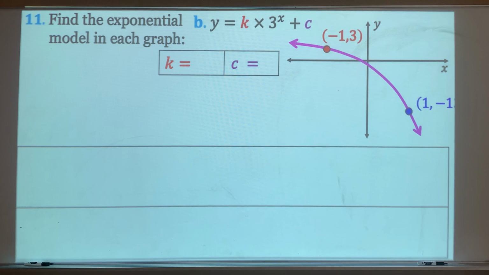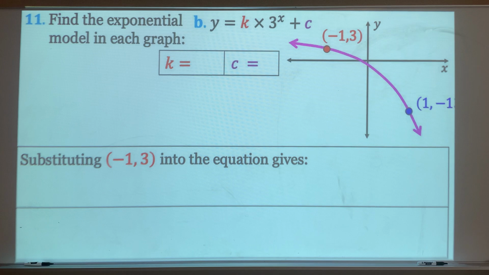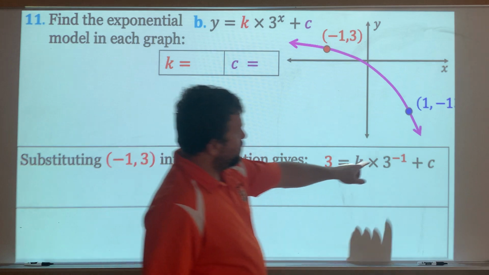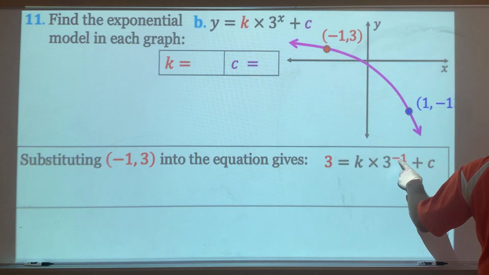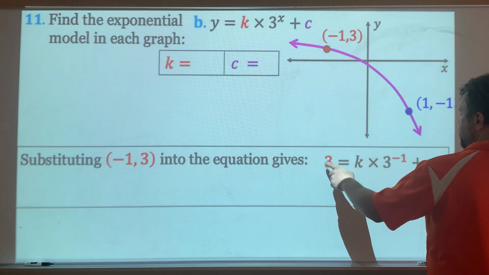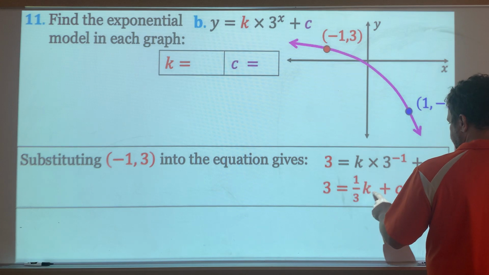All right, so the way this works, substituting in negative 1, 3 gives you your answer. 3 equals k times 3 to the negative 1 plus c. So 3 to the negative 1 is 1/3. So 3 equals 1/3 k plus c.